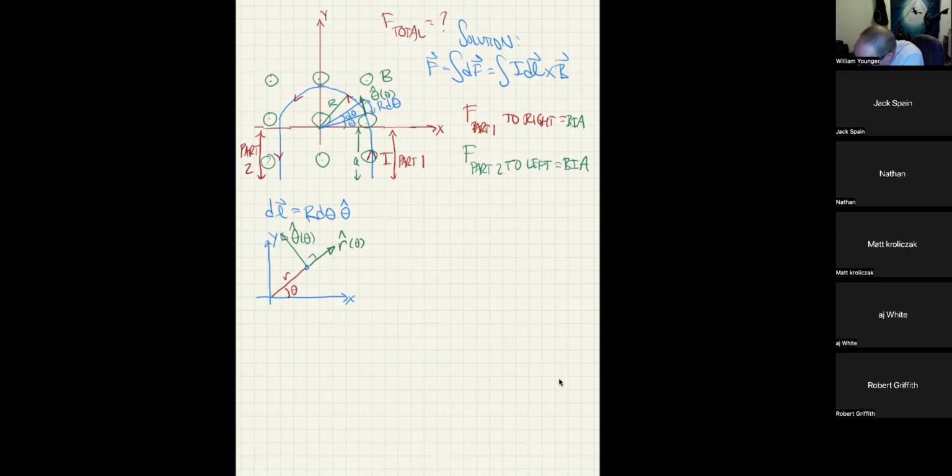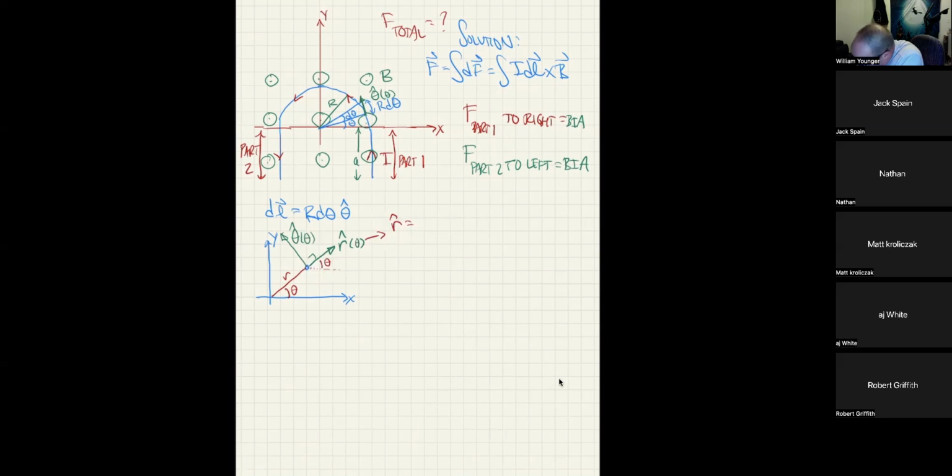From that, I can decide exactly what this vector is, because that angle right there is theta. So I can say that r hat is going to be equal to, notice the x component is just cosine theta. If I put an r in there, then that would make it have a length of r times cosine theta. And then the length of the other one would be r times sine theta. And then when you take the sum of the squares of those, you get r.